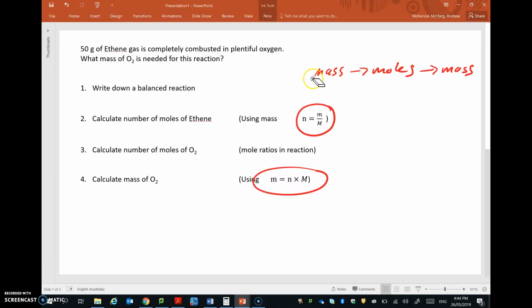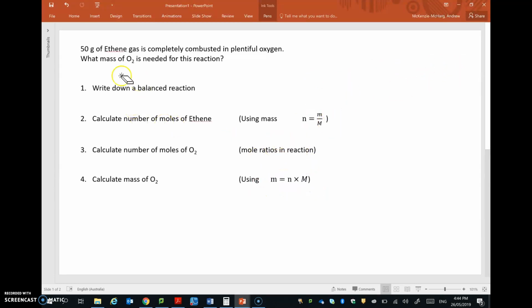So why don't you guys go ahead, pause the video, and complete step 1 by writing down a balanced reaction for this scenario. Then I'll have a go at it. Okay, so 50 grams of ethene gas.